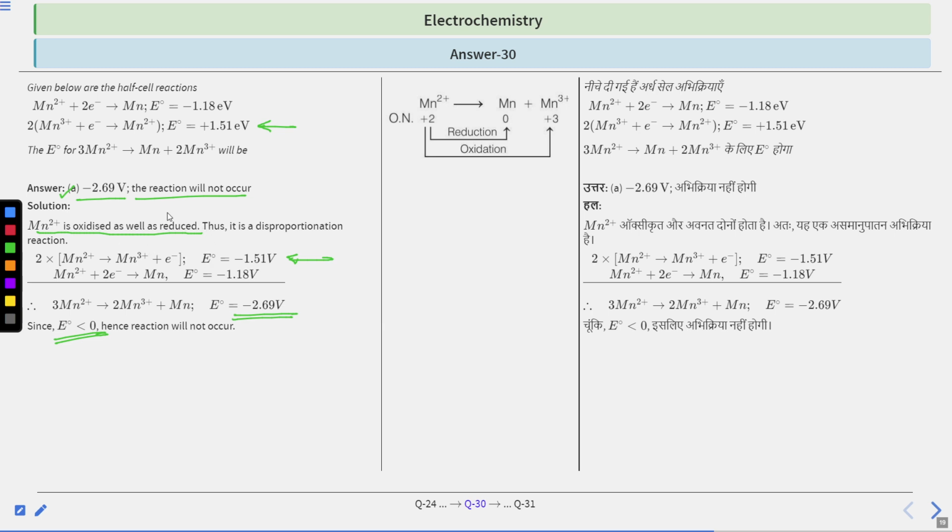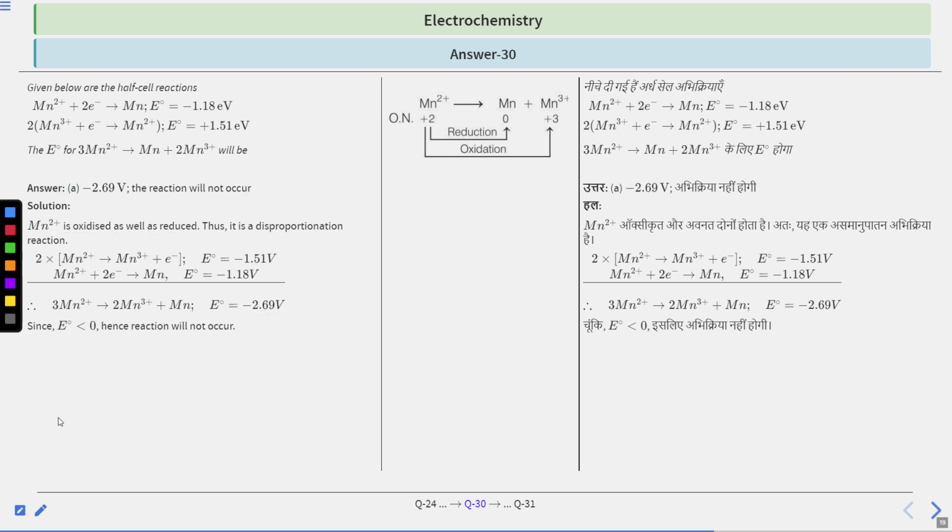So if del G has to be negative, E should be positive in the reaction, because the negative sign is already present in the G equation, right? So E should be positive, but here E is negative, and that's why the reaction will not occur by itself. Okay, thus option A is the correct answer.